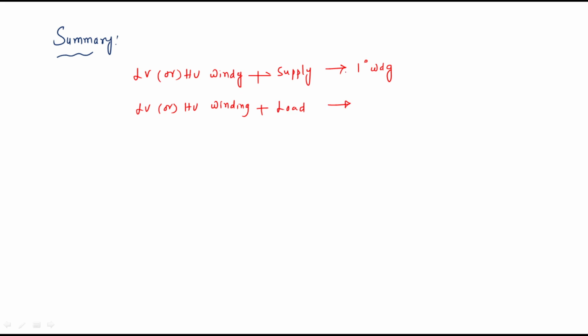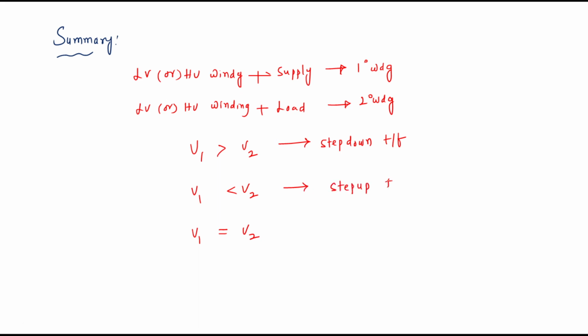If there is a load, that is called secondary winding. V1 more than V2, V1 less than V2, V1 equal to V2. If V1 is more than V2, that is step down transformer. If V1 is less than V2, that is step up transformer. If V1 is equal to V2, that is isolation transformer.